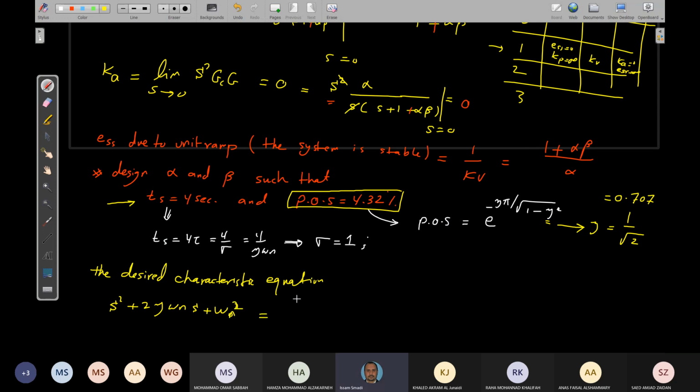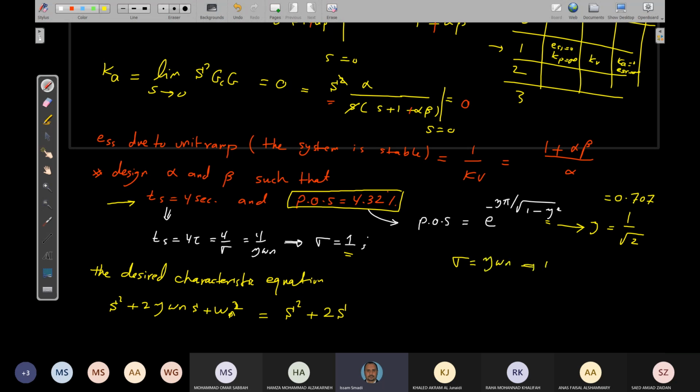And we have S square here. And zeta omega n, we have it, 1, correct? So this will be 2S. And simply here, we have zeta. So from here, we can calculate what? If I know zeta and I know sigma, I know that sigma is equal to zeta omega n.